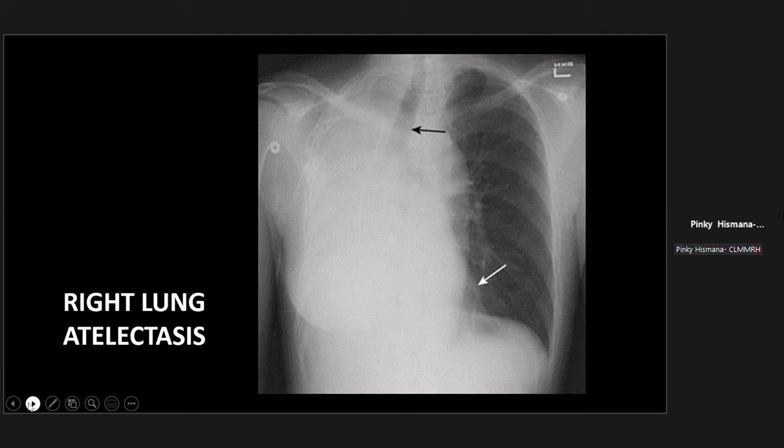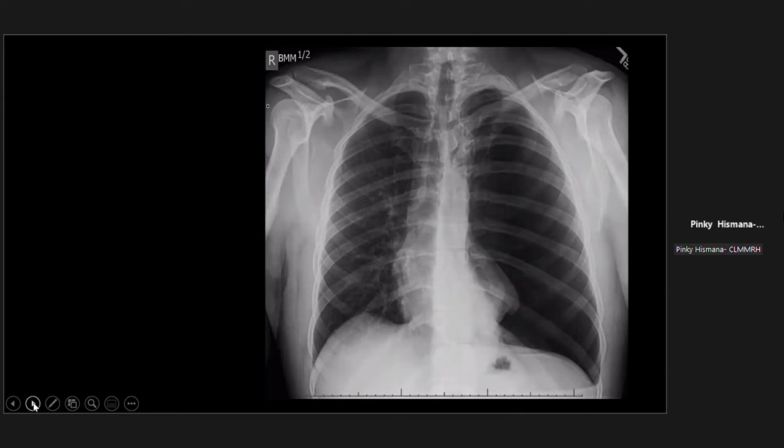So this is a case of right lung atelectasis. Please remember the word atelectasis for collapse. This is commonly used. Next, we have a case of pneumothorax. If you notice, this area is lucent and devoid, meaning you cannot see pulmonary vessels here.